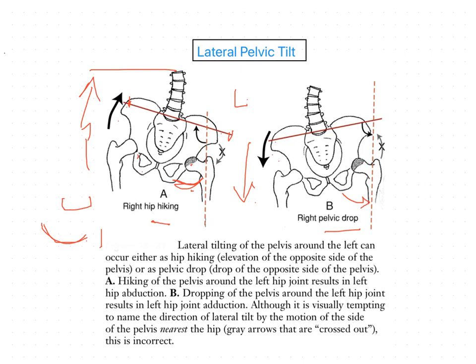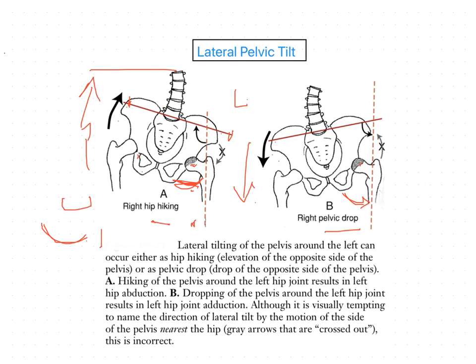So during lateral pelvic tilt, the hiking of the pelvis around the left hip joint results in left hip abduction, and dropping of the pelvis around the left hip joint results in left hip joint adduction. Okay, so this is about lateral pelvic tilt.